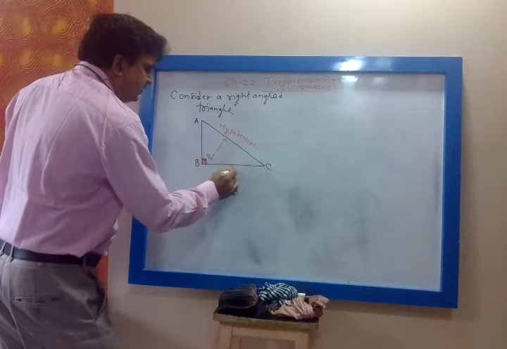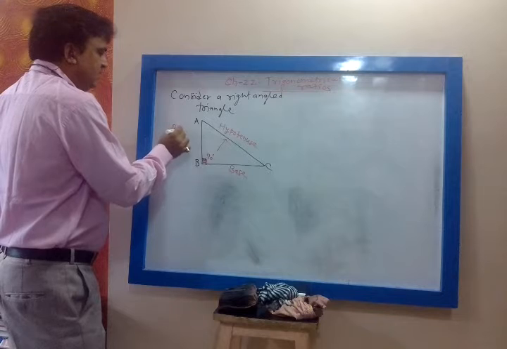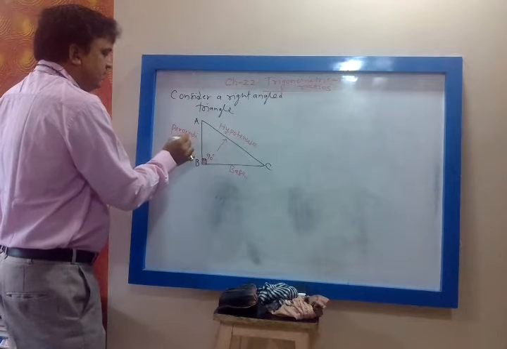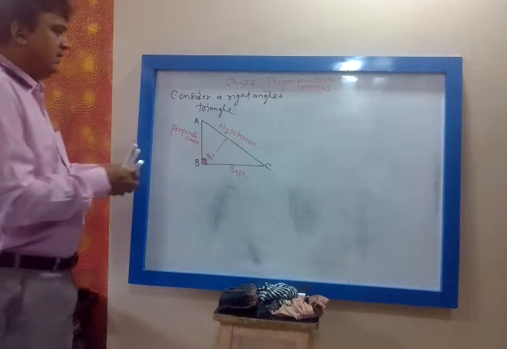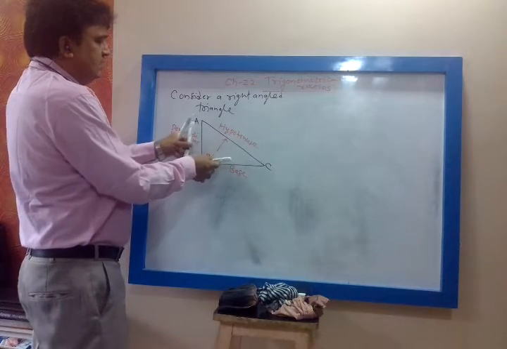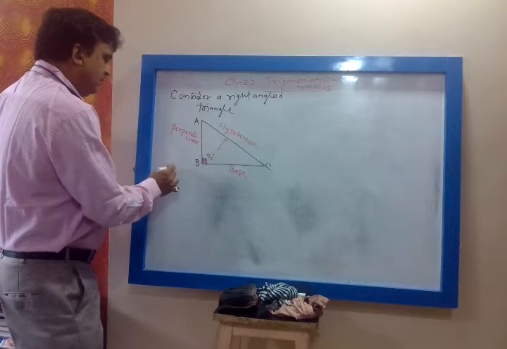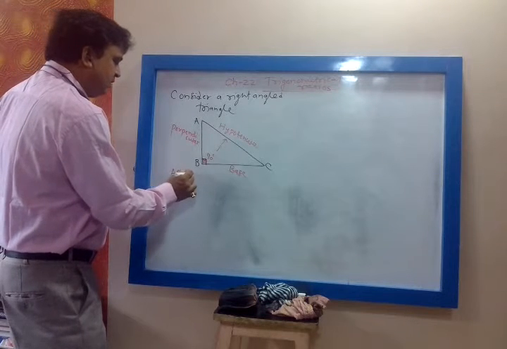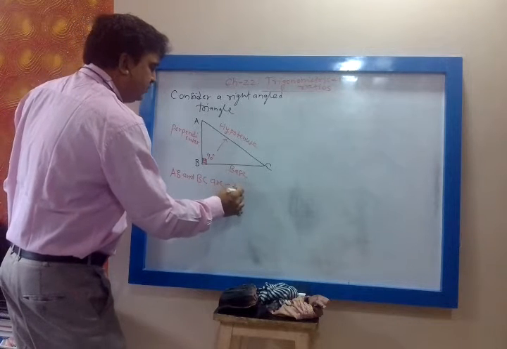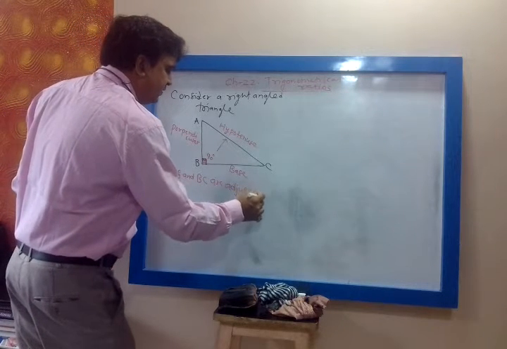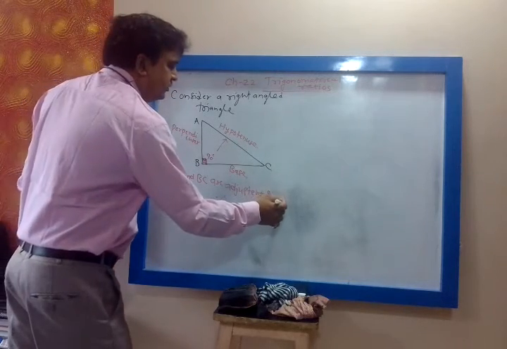BC is the base and AB is the perpendicular. So basically AB and BC are the two adjacent sides.